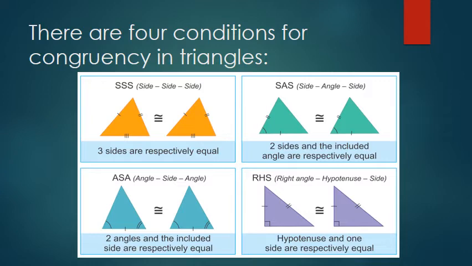Then you also get angle, side, angle, an angle with a side and also another angle. And then the last one must be right angle, hypotenuse, side: a right angle and a hypotenuse, and then any side. Those are the rules or properties to prove congruency.